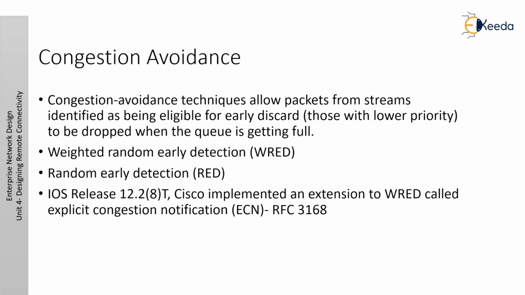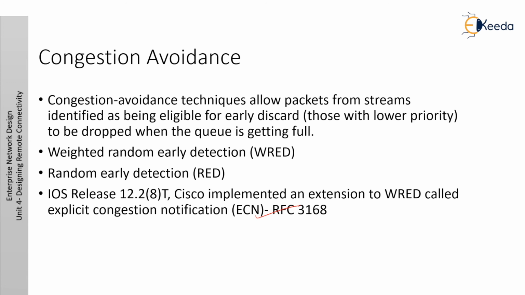Starting in IOS release 12.2(8)T, Cisco implementation is an extension of WRED called Explicit Congestion Notification, ECN. ECN is defined in RFC 3168, which adds explicit congestion notification to IP, and uses the lower 2 bits in the TOS byte. Devices use these two ECN bits to communicate that they are experiencing congestion.